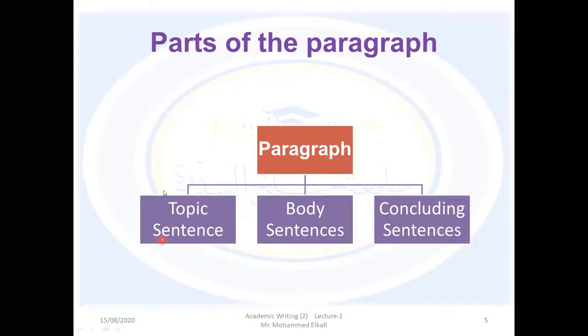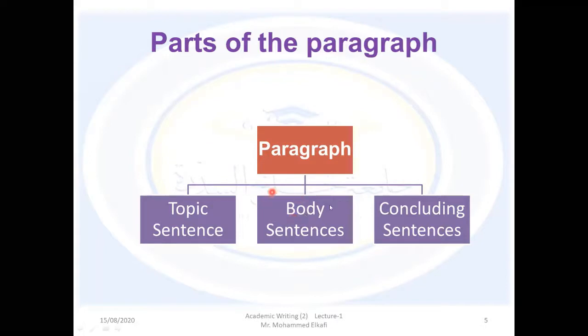The topic sentence is the most important sentence in the paragraph, which includes the topic and the main idea of the whole paragraph. This topic sentence introduces the things that will be included in the body sentences, and it gives us some idea even about the paragraph.